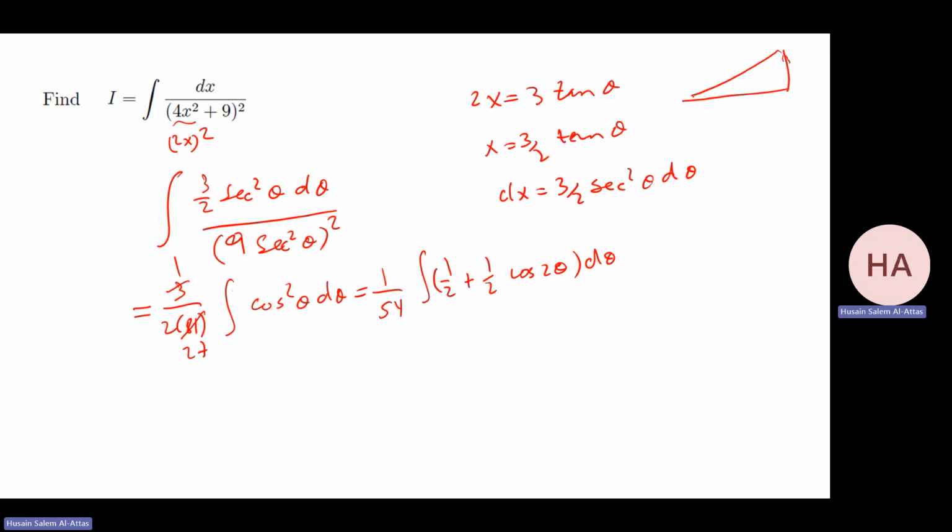Let me do the triangle from now. Tan is what? This is opposite over adjacent. So the hypotenuse will be square root of 4x squared plus 9. That will be 1/54, so it's 1 over, I don't know, 108. Why do we have this big number?